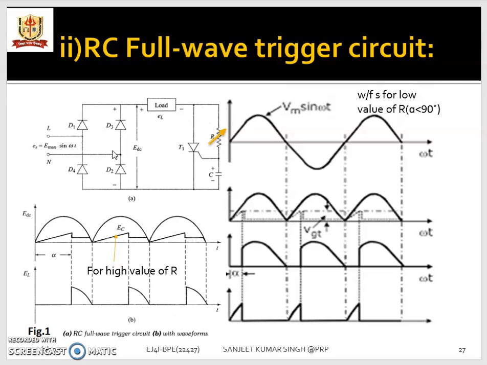In the case of the half wave rectifier trigger circuit, we had the load voltage only for the positive half cycle, no output for the negative half cycle, but here we are getting output for the positive as well as for the negative half cycle.